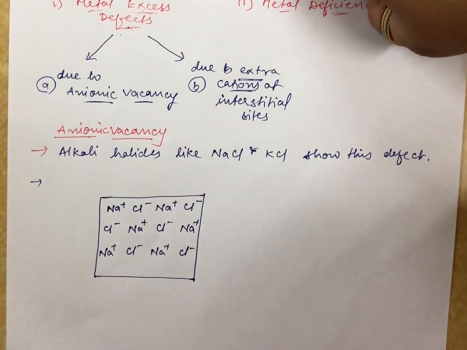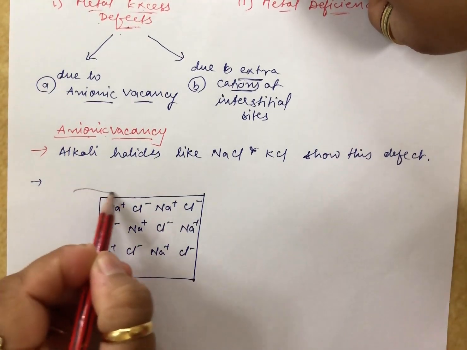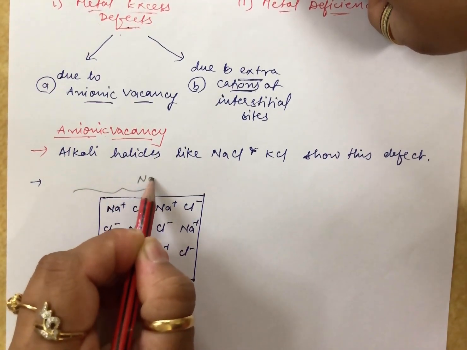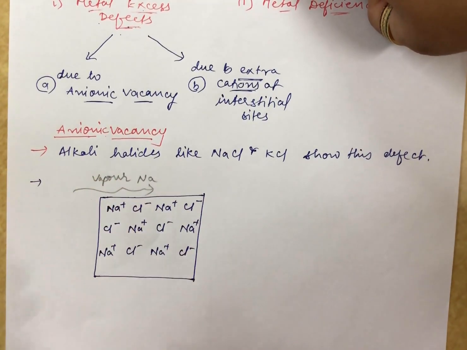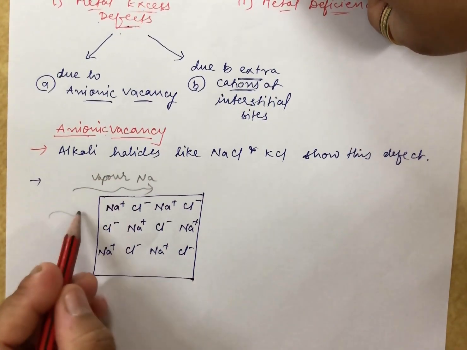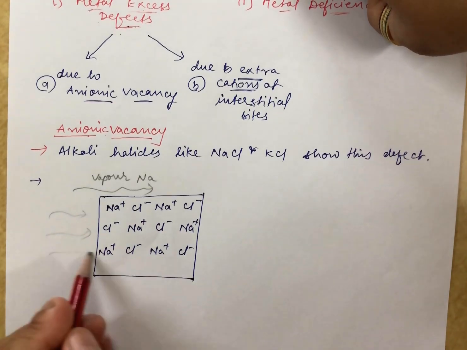Now suppose sodium vapors are passed over this crystal, that is, when this crystal is heated in the vapors of sodium. So let us assume that vapors of sodium are passing through the crystal.